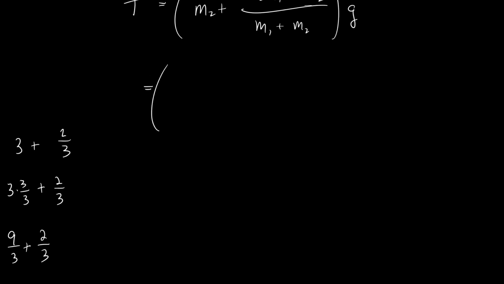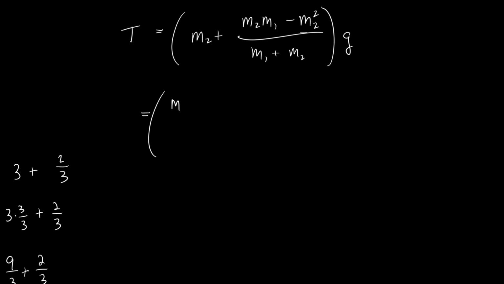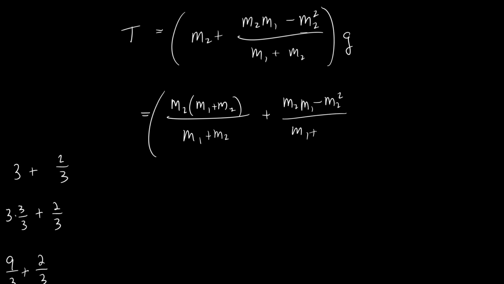So M2 times M1 plus M2 divided by M1 plus M2. Just common denominators.